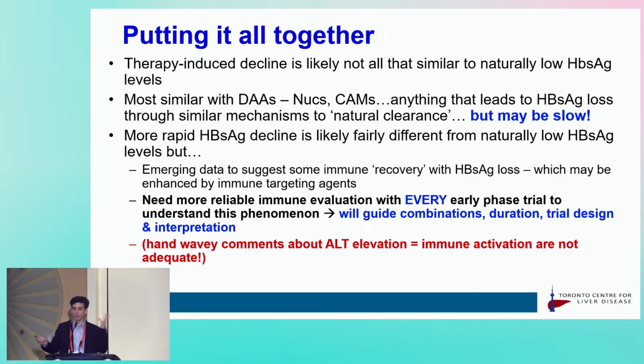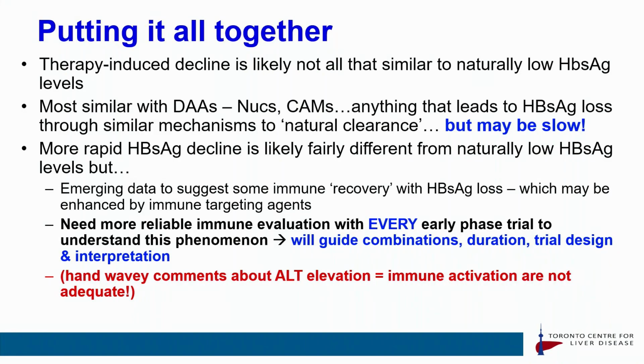And a lot of these hand-wavy comments about ALT flares post-treatment or whatever, indicating immune activation, these really aren't adequate. We really need to understand whether or not we're actually engaging the immune system and leading to immune control. And with that, I will finish and happy to take any questions.